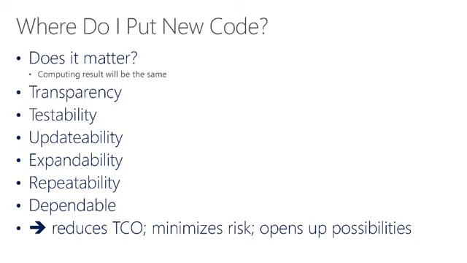It minimizes the risk and opens up possibilities for all these different ways of designing your software. And so it does matter where you put code, because you want to have a system in which the way that the code is written, the way that these technical pieces are put together are consistent.